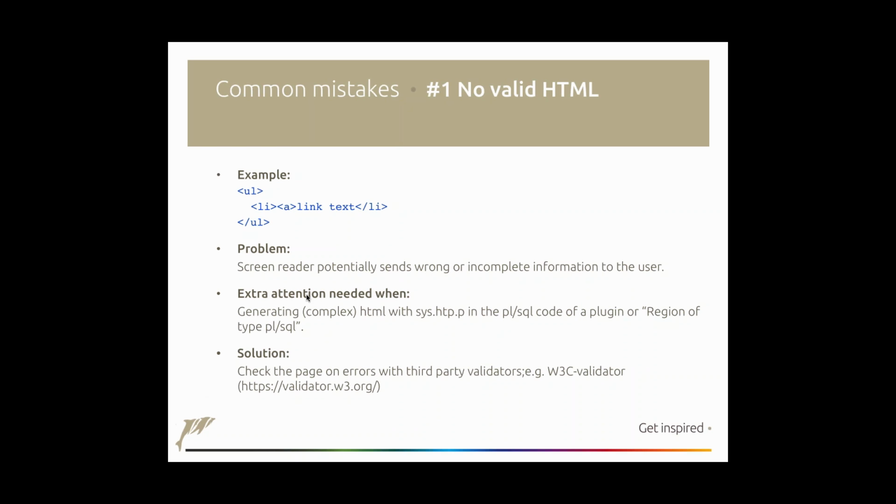You can do that quite easily if you're working with SQL dynamic content. In this case, the link is not closed. Many browsers will understand that the link text has to be closed with an anchor element, but I don't think you can depend on the screen reader fixing this problem for you.